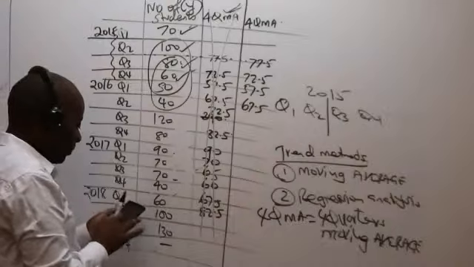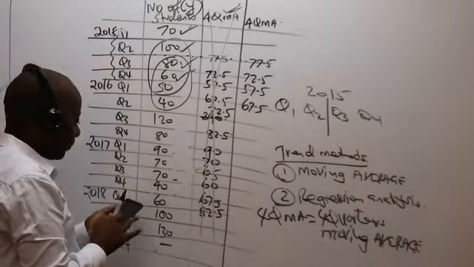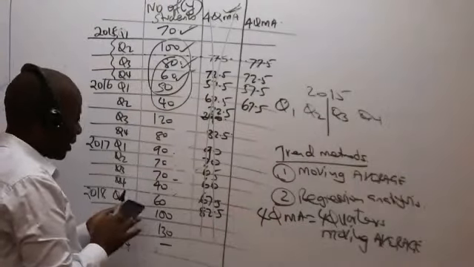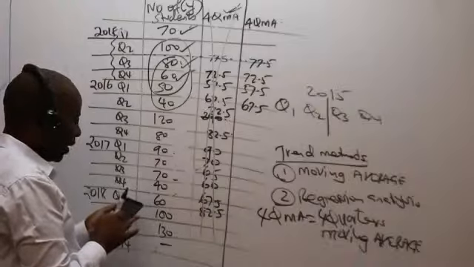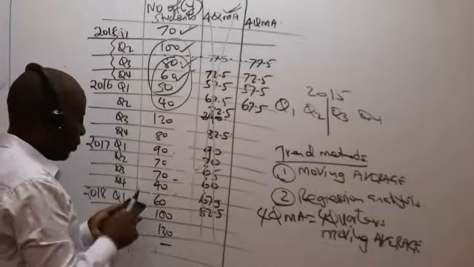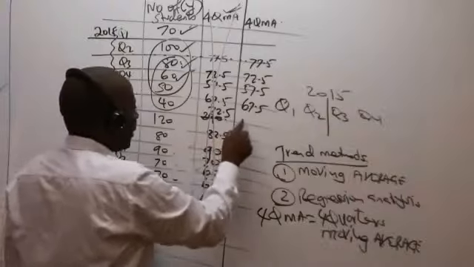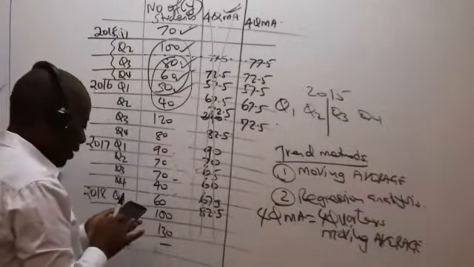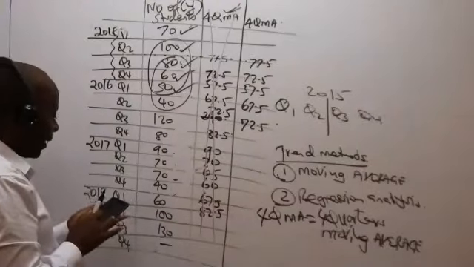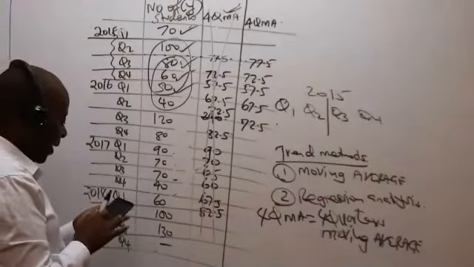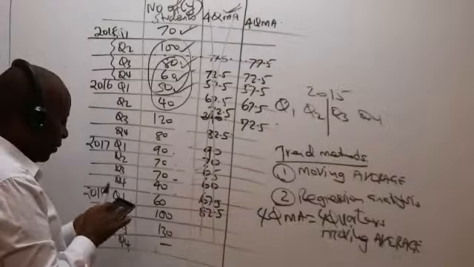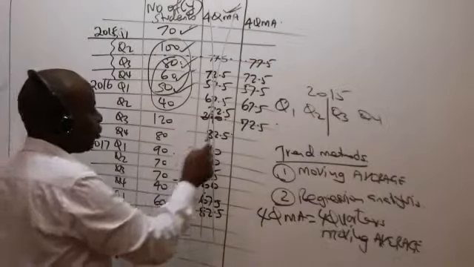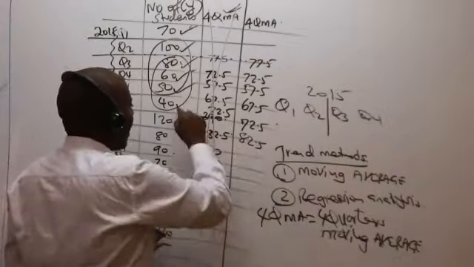Now the next 4 will be this and this and this and that. So we have 50 plus 40 plus 120 plus 80, which gives me 290 divided by 4, which gives me 72.5. So you tick this. Then we have 40 plus 120 plus 80 plus 90, divided by 4, which gives me 82.5. I tick that.